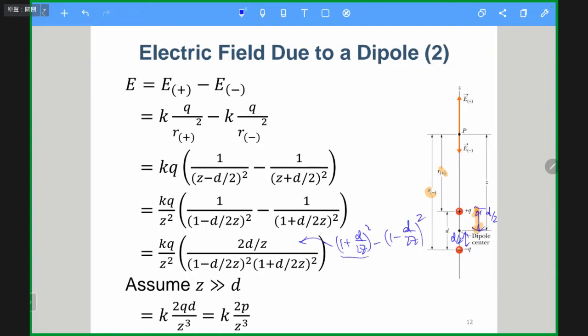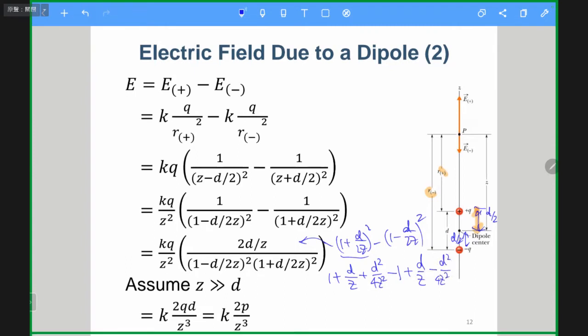So this is (A plus B) square, which is A square plus 2AB, which is D over Z, and then plus D square over 4Z square. And here we have minus 1 plus D over Z, and then minus D square over 4Z square. So we can cancel some of the terms, like 1 minus 1, and this term minus this term. So we end up with 2D over Z here.